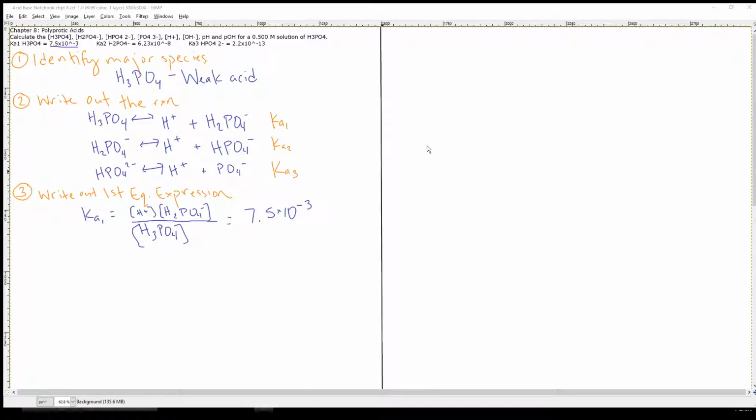All right, so now that I have my equilibrium expression, I want to actually get concentrations that I can plug into there. Make sure there's nothing being diluted. I don't see any dilutions, so that means I go straight to an ice chart. Set up first ice chart.